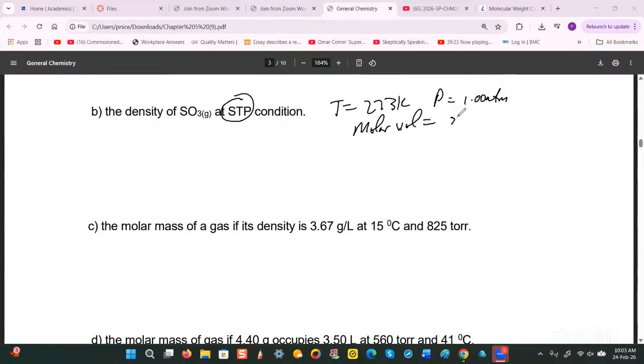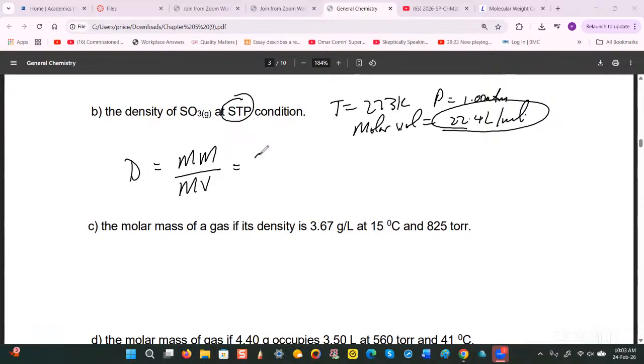So this is the number that we're going to use to do it the easier way, because to find the density, all we have to do is take the molar mass and divide it by the molar volume. The molar mass we saw earlier was 80.06 grams per mole. And we simply divide it by the 22.4 liters per mole, and that's it.